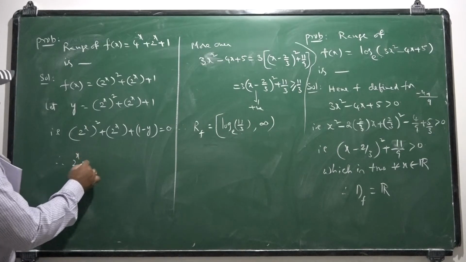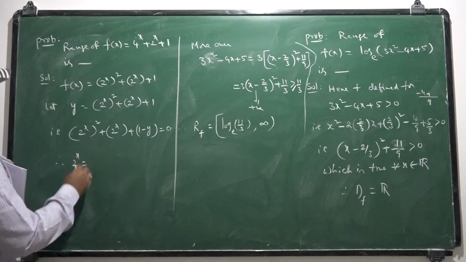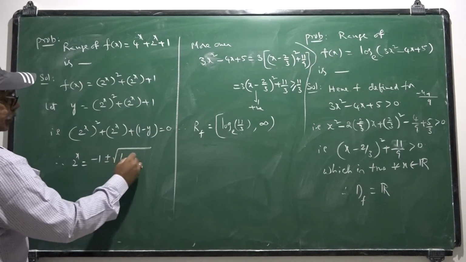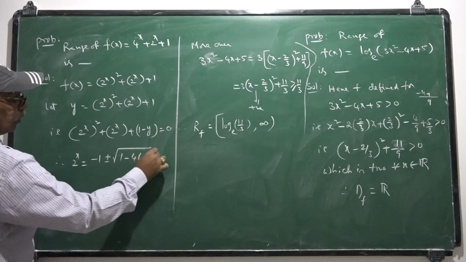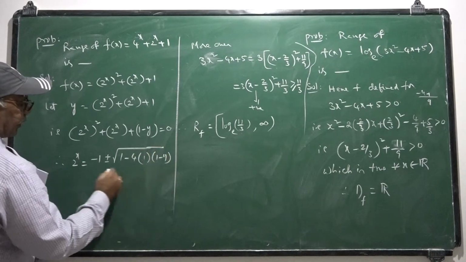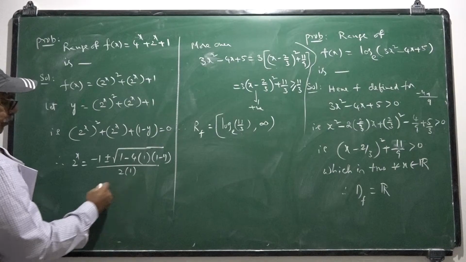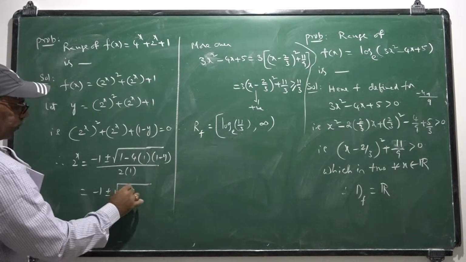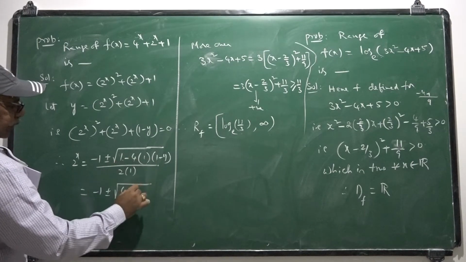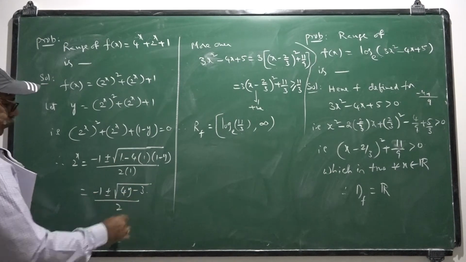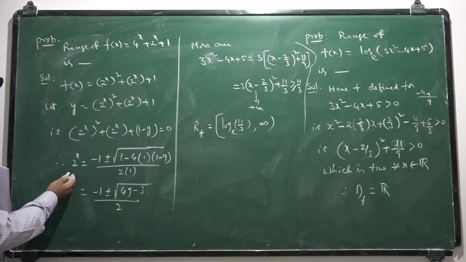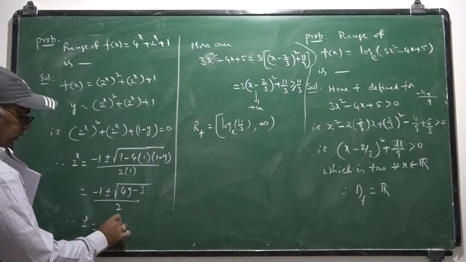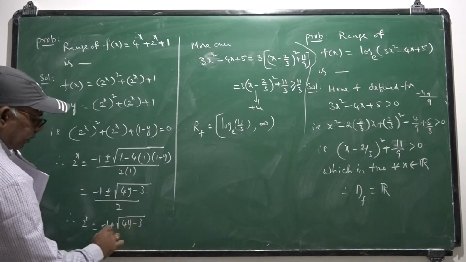Therefore, 2 power x is minus b plus or minus square root of b square minus 4ac, with a value 1, and c value 1 minus y, by 2. That is minus 1 plus or minus square root of 4y minus 3, by 2. This is positive. To make it positive, we have to consider plus here, square root of 4y minus 3 by 2 only.